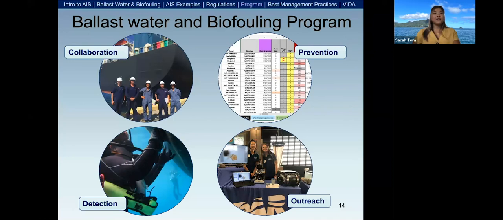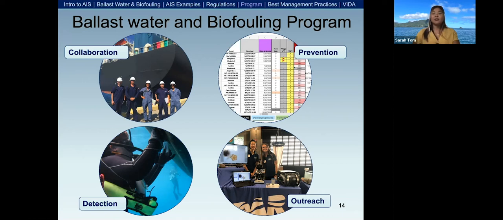So the mission of this program is to control and minimize the spread of aquatic invasive species early on. This can be done through collaboration and working with the maritime industry, local community, scientists, government, and stakeholders to develop solutions to prevent alien species introductions.